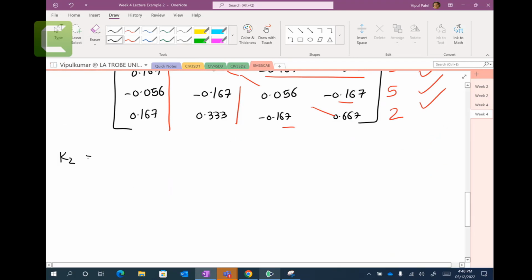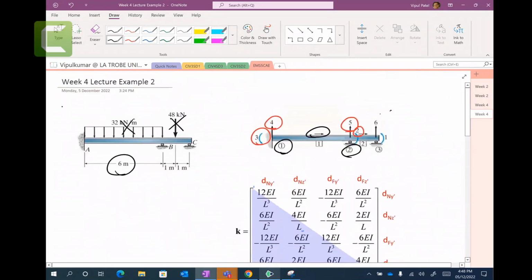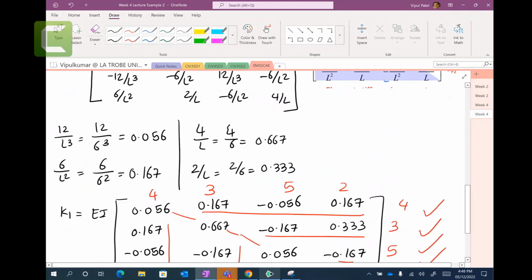K2, element number 2. Here you go. We draw 2, 5, 1, 6.